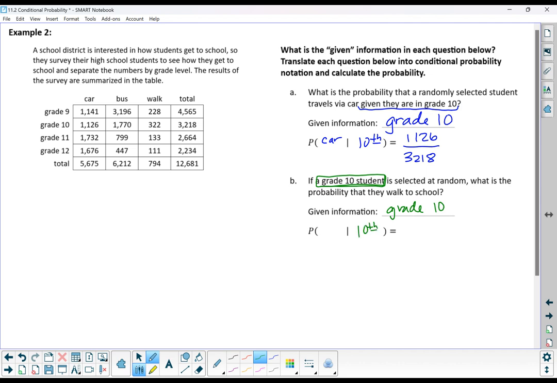So we are, again, out of 3,218, and we're focusing still on that grade 10 group. So our question is, what is the probability that they walk to school given that they are a 10th grader? So you can see there are 322 of the 10th graders who walk to school. So our fraction is 322 out of 3,218.